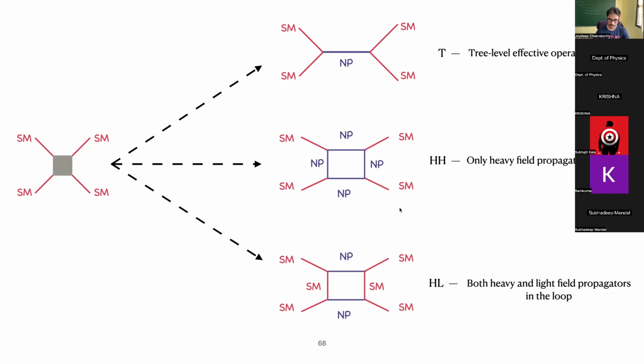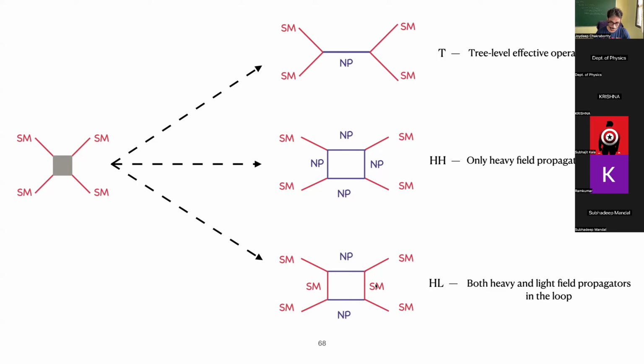Now there's another kind of topology involved here, which is a loop where you can have a new physics propagator as well as a standard model propagator. The problem is that you can write the new physics propagator as an infinite expansion in terms of local terms, but you cannot do that for the light particle masses.